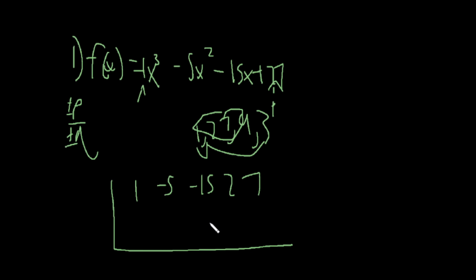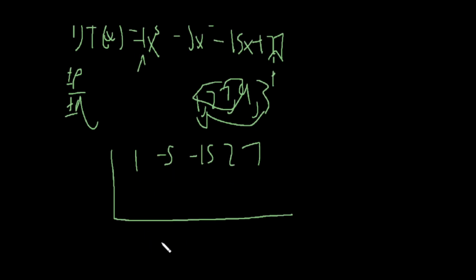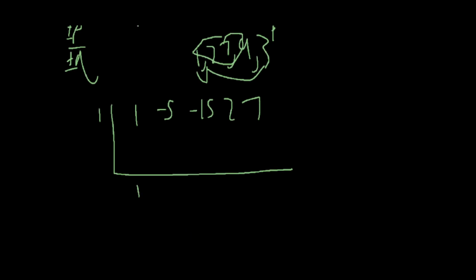Let's try 1. 1 times 1 is 1. 1 plus negative 5 is negative 4. Negative 4, negative 19, negative 19, 8. This last number needs to be 0.